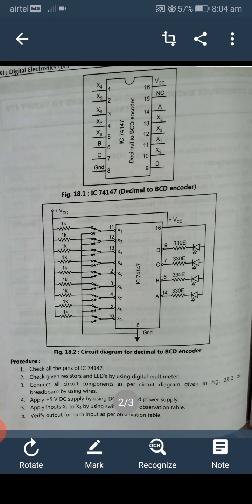So, please assemble this circuit on breadboard by using IC 74147, LEDs, resistors and hookup wire.